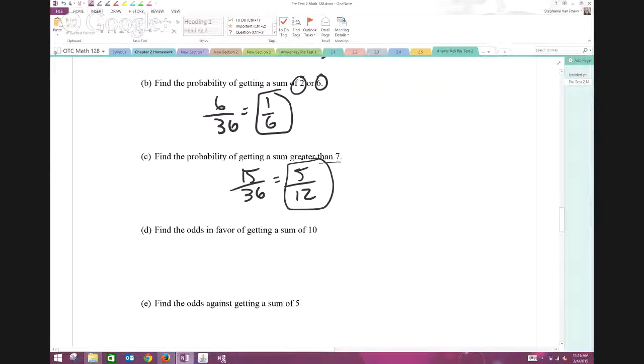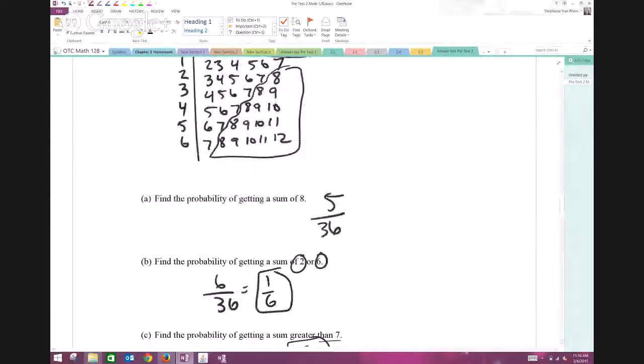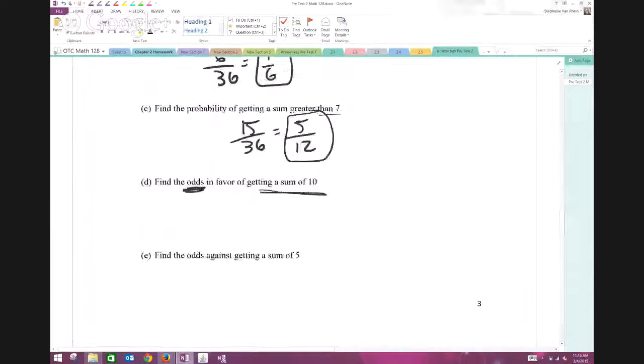The next two examples are the odds of something happening. The odds of getting a sum of 10. So getting a sum of 10, there's 3 ways to get 10. And then there's 33 ways not to get 10.